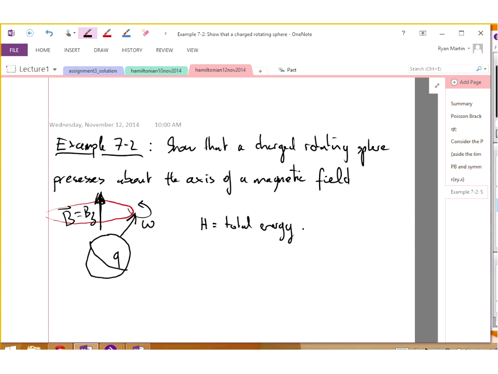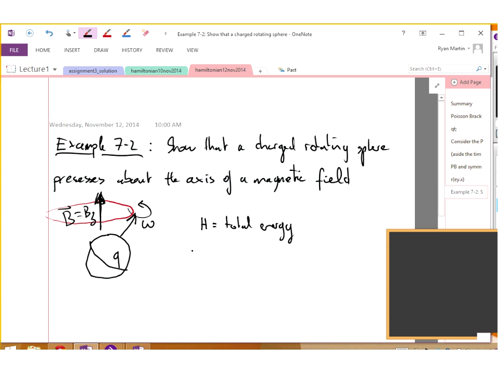The kinetic energy here is constant, so it's not going to influence the evolution of the system. So all we need to care about is, so T equals constant, so it's not important.